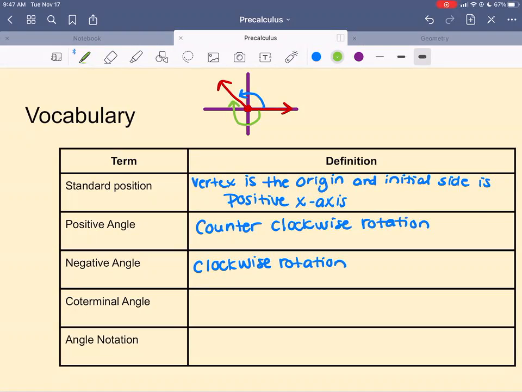Our next vocab term is something called a coterminal angle. A coterminal angle is two angles that have the same initial and terminal side.